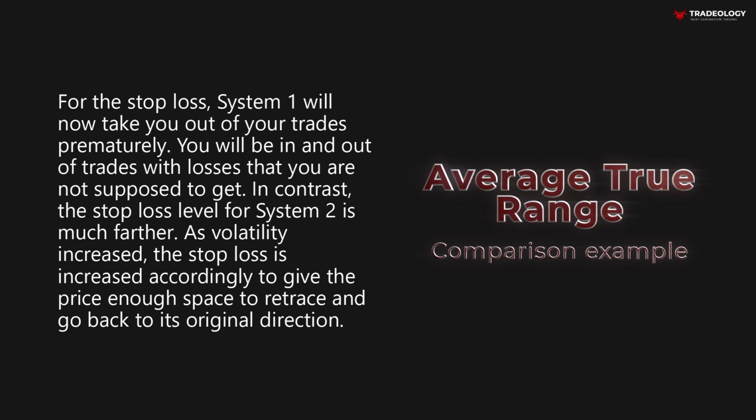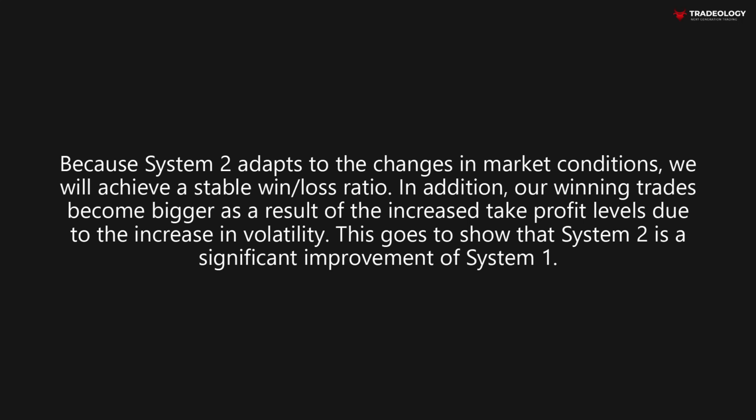As volatility increased, the stop loss is increased accordingly to give the price enough space to retrace and go back to its original direction. Because system 2 adapts to the changes in market conditions, we will achieve a stable win-loss ratio. In addition, our winning trades become bigger as a result of the increased take profit levels due to the increase in volatility. This goes to show that system 2 is a significant improvement on system 1.